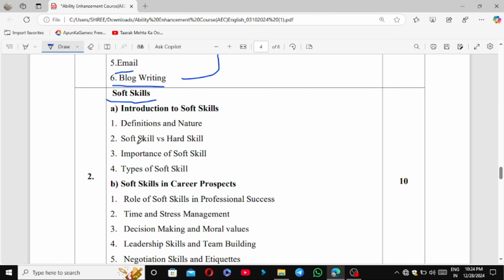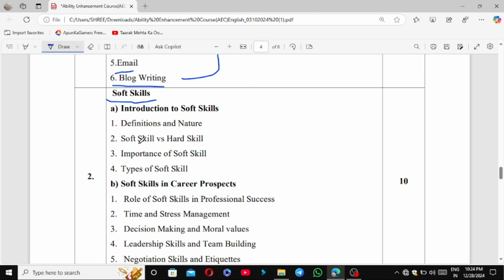They are about how you communicate with others, how you behave with others, and how you solve problems of others or your own problems also. Examples of soft skills are communication, teamwork, problem solving, time management, leadership skills. There are many types of soft skills.